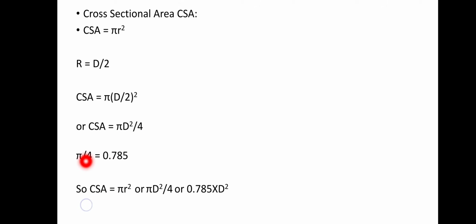And if we divide pi by 4, that makes it 0.785. 3.14 divided by 4 equals 0.785. So we can say that the cross-sectional area equals pi r squared, or pi d squared over 4, or 0.785 d squared. All these three values can be used to calculate cross-sectional area at any point.